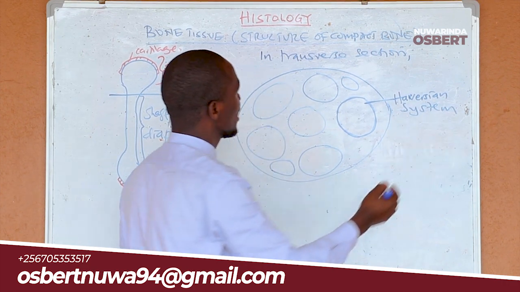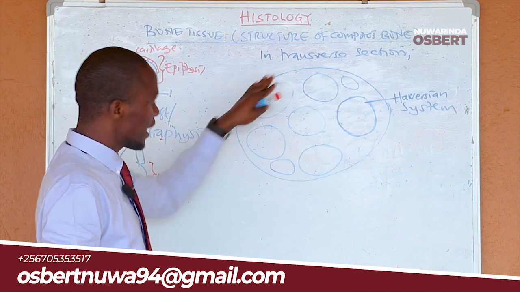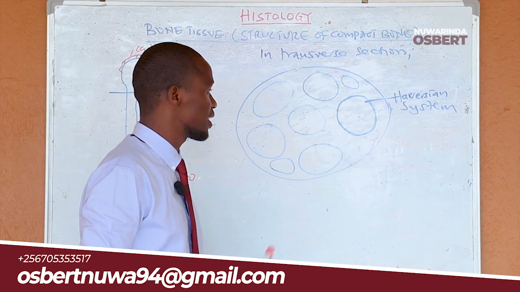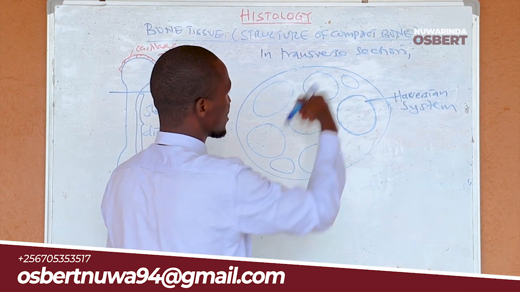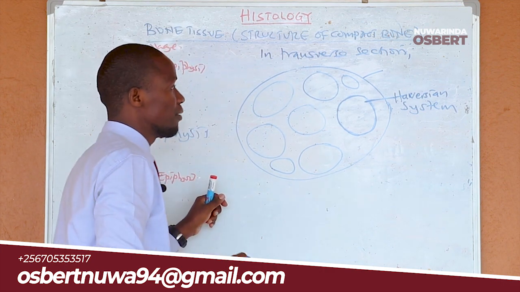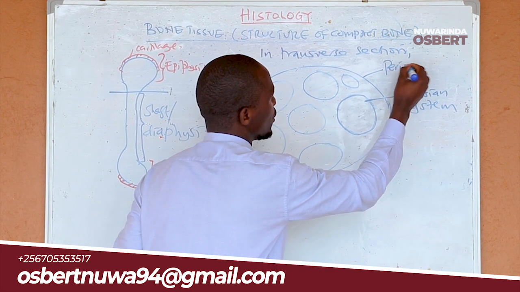So it means a compact bone is made up of very many Haversian systems. When you check here, all these ones are very many Haversian systems. And of course, all these Haversian systems are enclosed in a membrane, and this membrane is called periosteum.